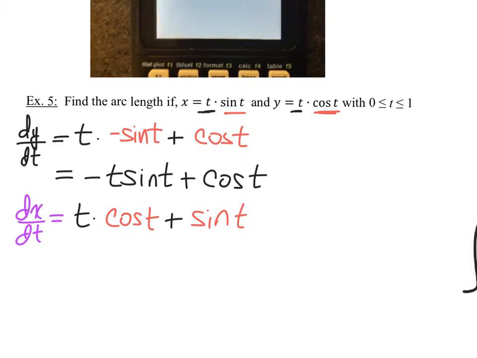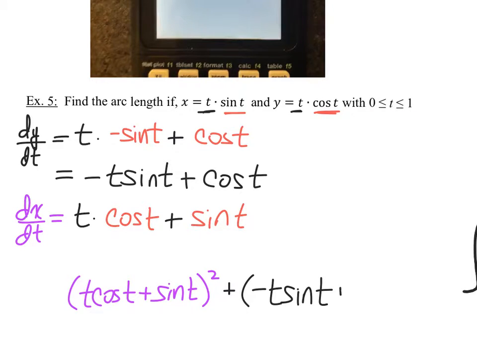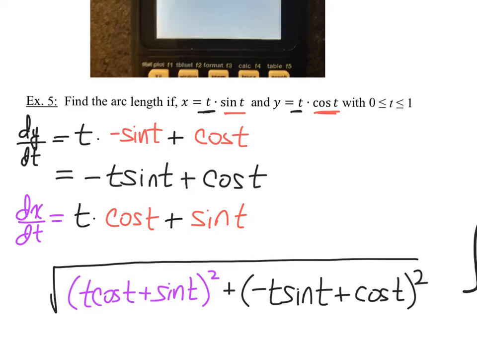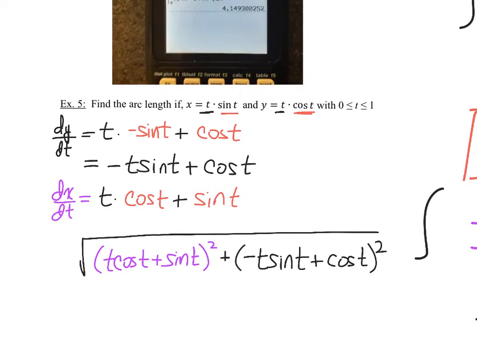It's dx dt squared, so this whole shebang squared, under a radical, it's like jutting up against that integral symbol from another problem.